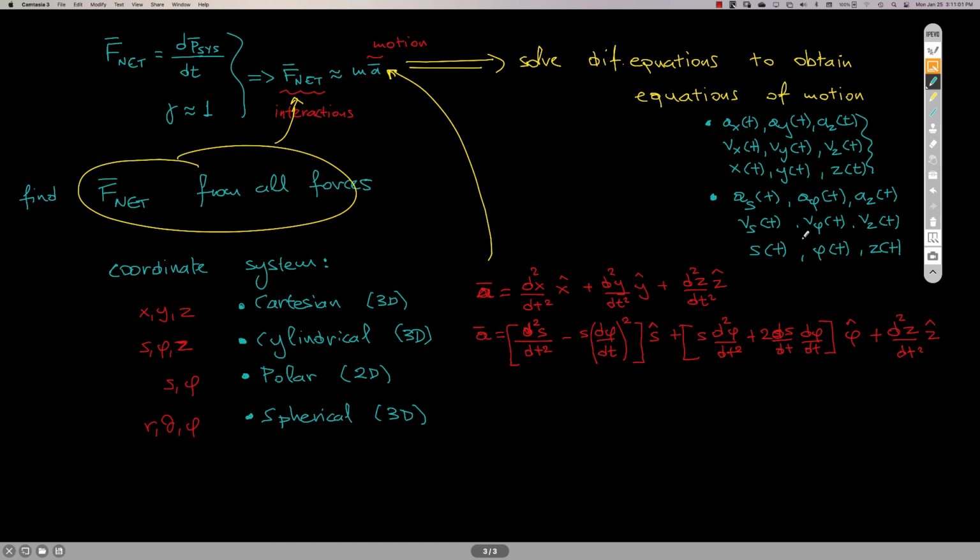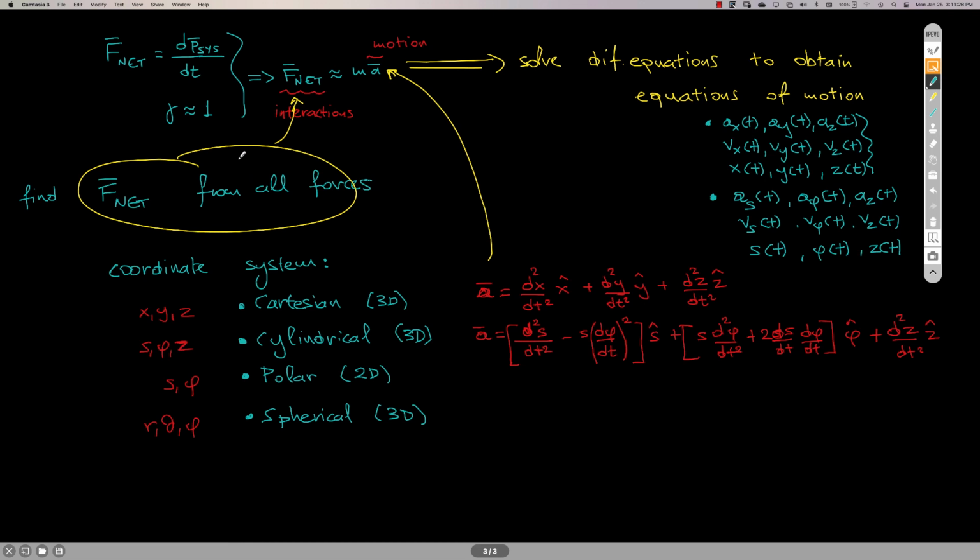Similarly, if you have an object that is moving on a circle whose radius is constant and it's not changing z, then all of these are going to be 0, and all of these are going to be 0. You will only have to find the phi related quantities because that's the only variable that is changing from your coordinates. Okay, so this is the big picture of how you will be approaching Newton's second law problems.